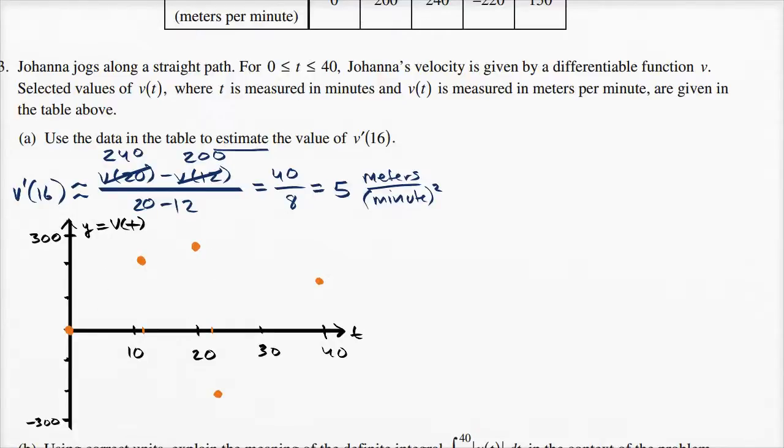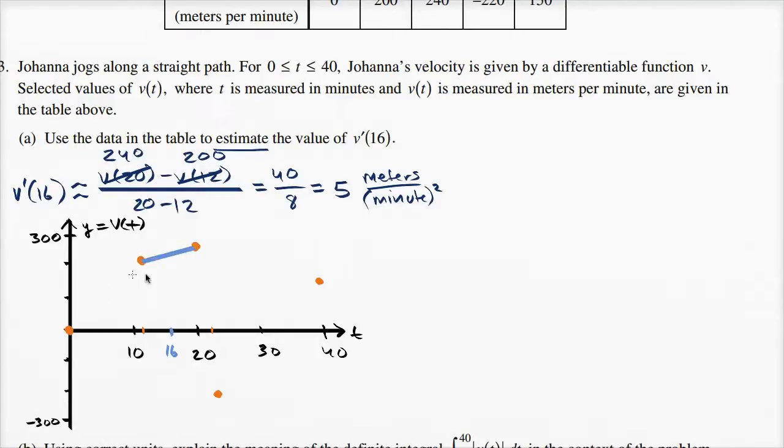But what we wanted to do in this problem is say, okay, when t is equal to 16, what is the rate of change? And we don't know what v(16) is, but what we could do, and this is essentially what we did in this problem, is say, all right, we can approximate what the function might do by roughly drawing a line here.